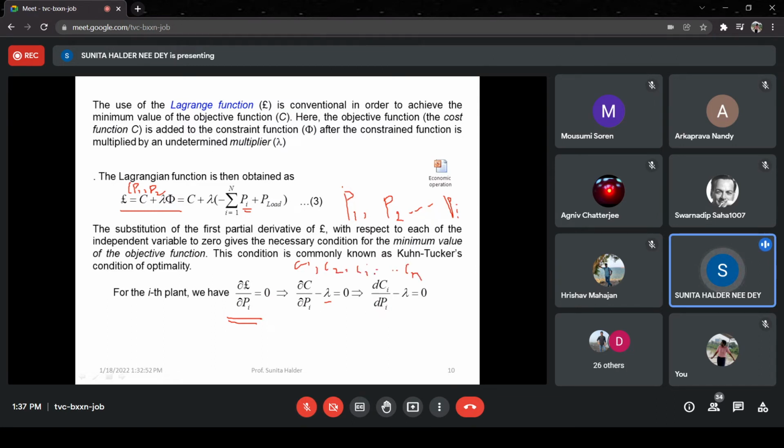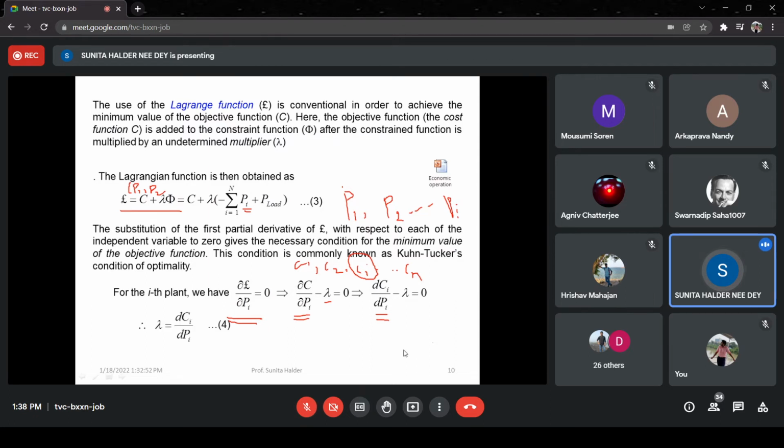Only Ci will be a function of pi, others are not. So this partial derivative del C by del pi we may write as dCi by dpi, a direct derivative, because there is no other variable within the cost function of the ith generator. So in short, dCi by dpi minus lambda will be equal to 0.